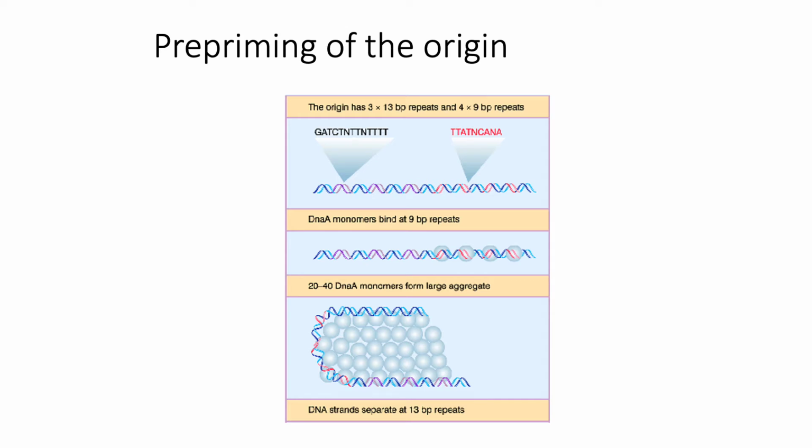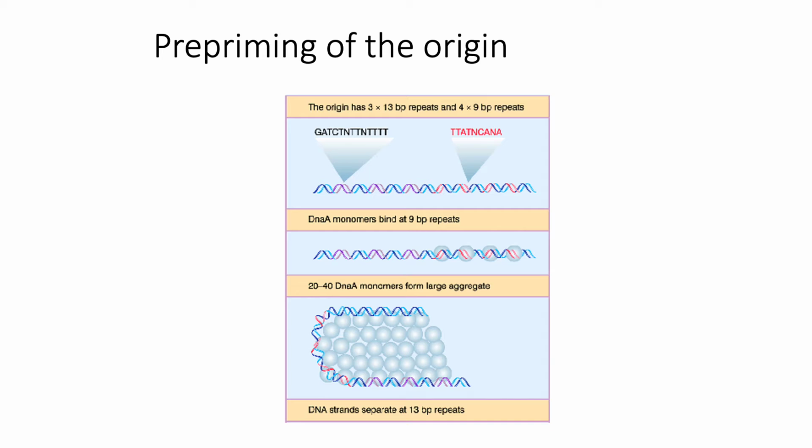Okay, so the first thing that's going to happen is a protein called DnaA, for lack of a better name, I guess, binds to the 9 base pair repeats, and that's shown in the middle diagram on this slide. So you can see 4 molecules of DnaA binding to the 4 9 base pair repeats.